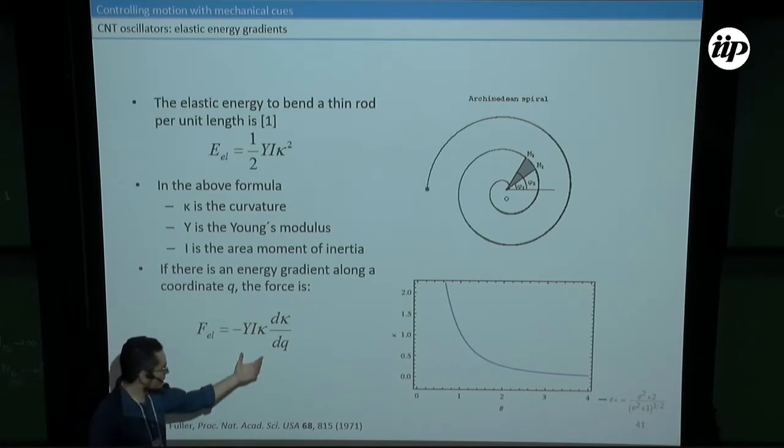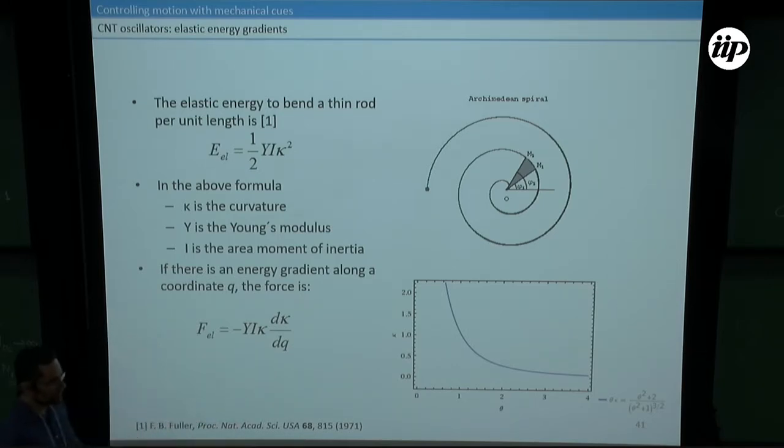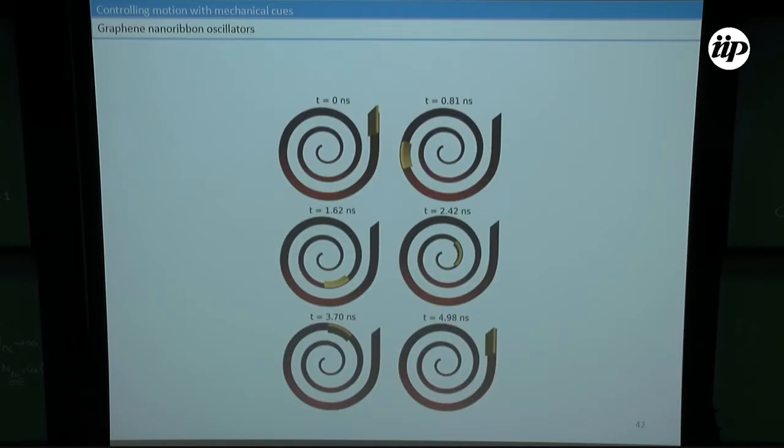You can think about any material that's elastic and has some gradient of curvature, and you can use it to produce this kind of effect. For example, you can try to do the same thing with graphene, and we did this. If you put graphene, it will also follow the same principles and work well.